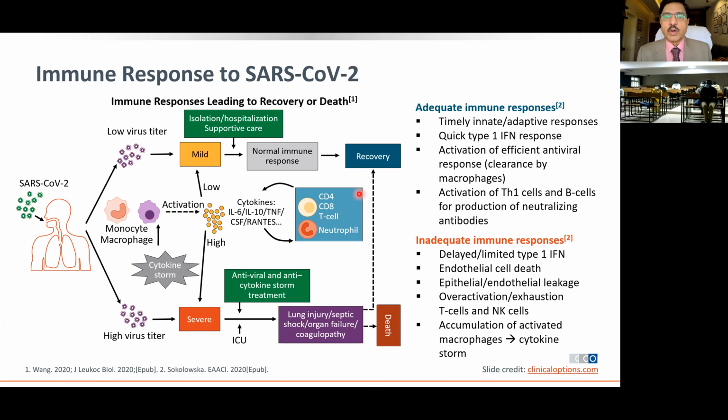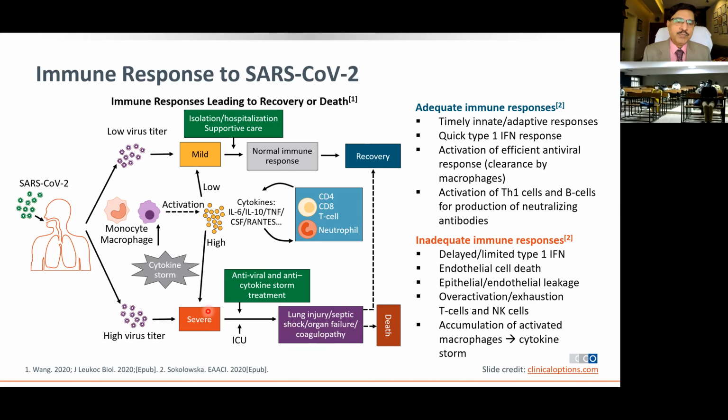They may show all these cytokine changes, and the chances of recovery are on this side, or they may progress down. Suppose they have high cytokines, or there is a cytokine storm, or they have a high viral titer, then the severity of the illness is more. In spite of various interventions and ICU care, lung injury, septic shock, organ failure, coagulopathy, and ultimately a fatal outcome are the rule.